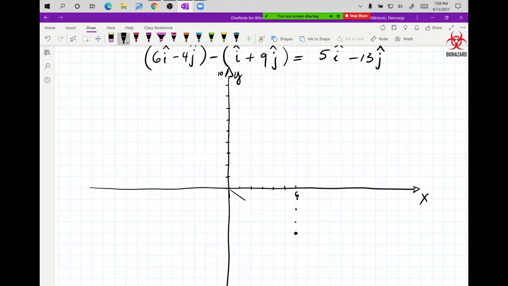So now I have my first vector. That's vector u. And then vector v is 1 unit this way and 9 units on top. There we go. So that's going to be this vector here.